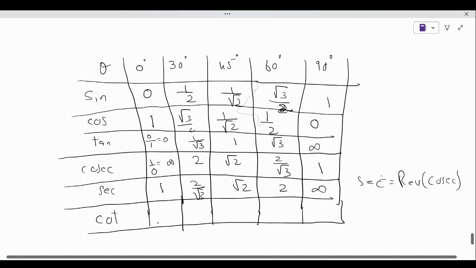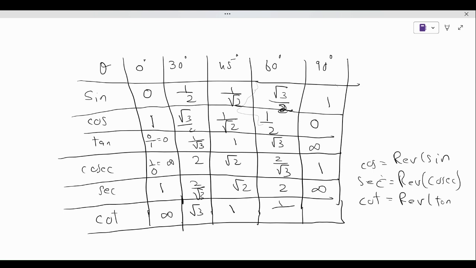Cot is equal to the reverse of tan, that is infinity, root 3, 1, 1 by root 3 and 0. So remember these three, you have to compute only these.